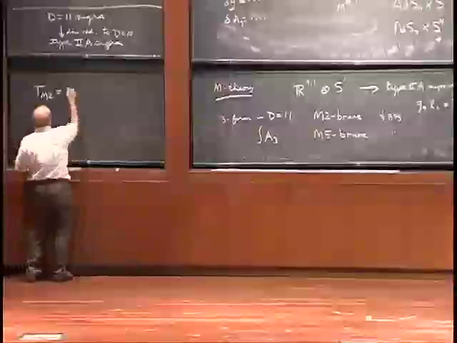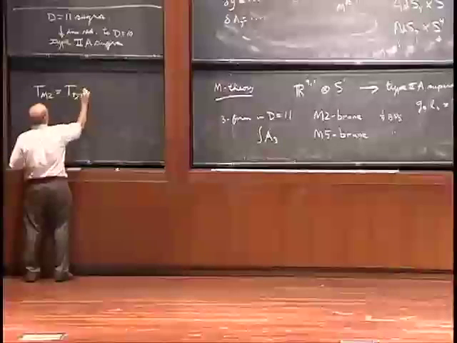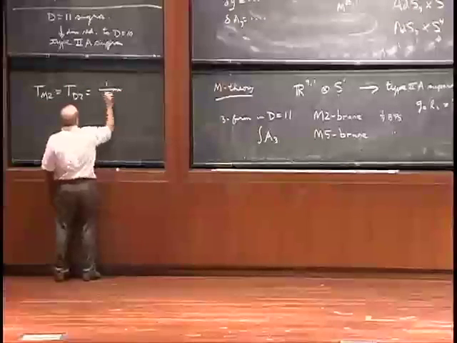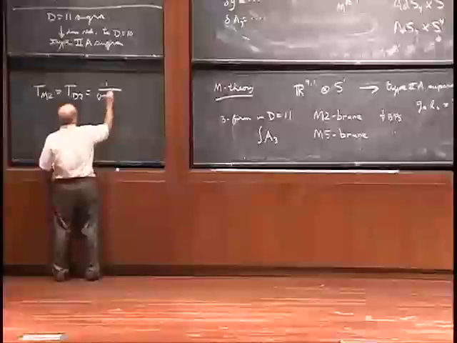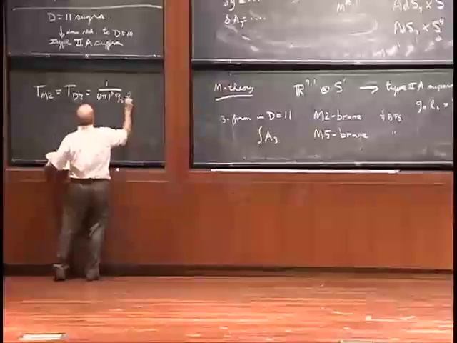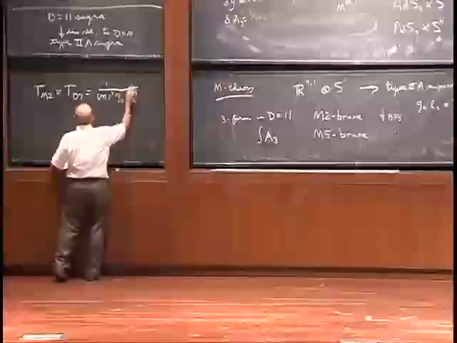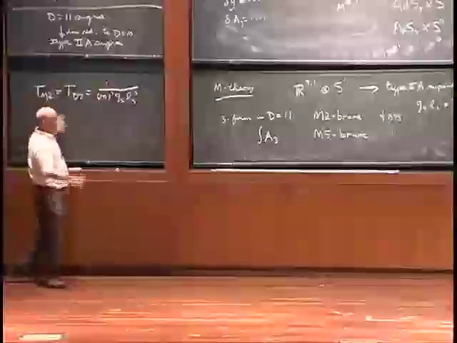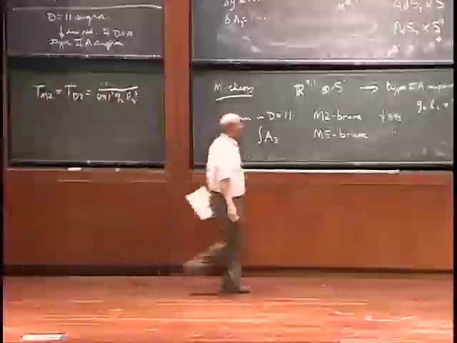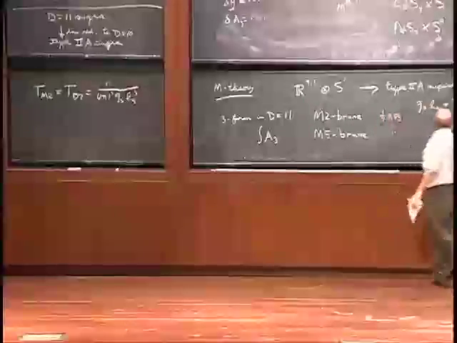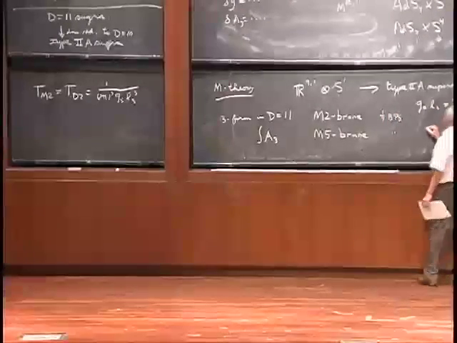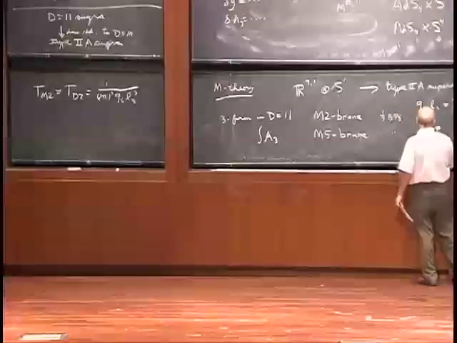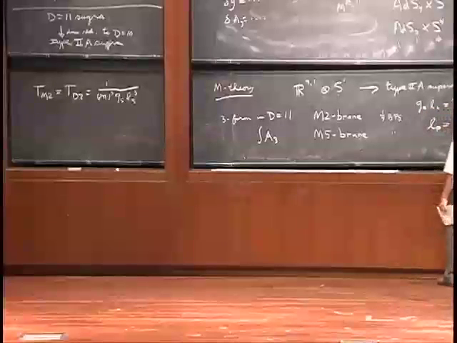And it has a known tension, which is 1 over 2 pi squared G string L string cubed. This can be written in terms of the parameters of 11-dimensional supergravity. And doing that, one gets this relation plus one more relation. The remaining relation relates the 11-dimensional Planck scale to the string scale.